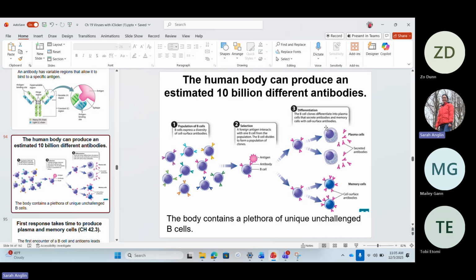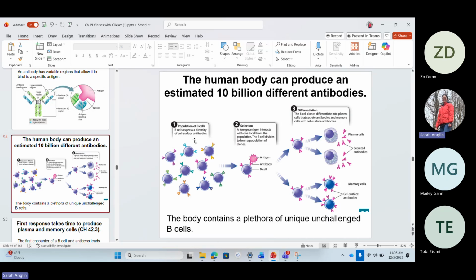However, in our body right now, you have a bunch of what we call naive B cells. They are already circulating in your body. But these naive B cells aren't the ones that fight the infection.